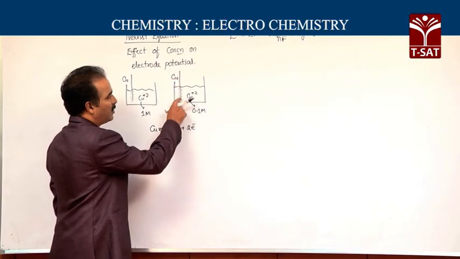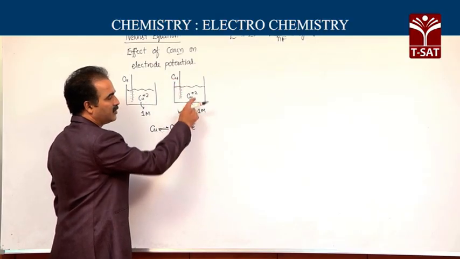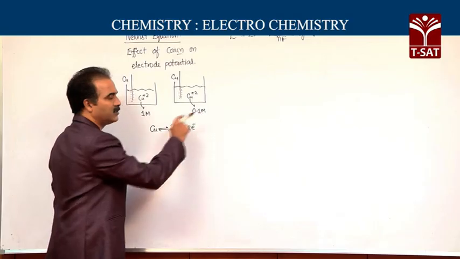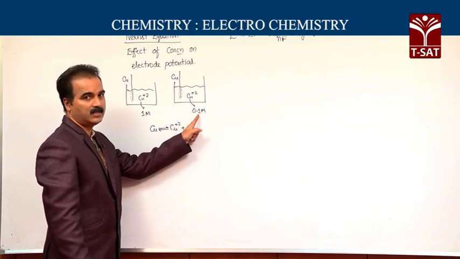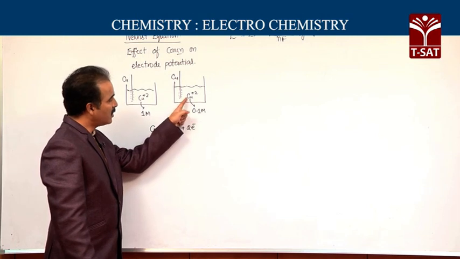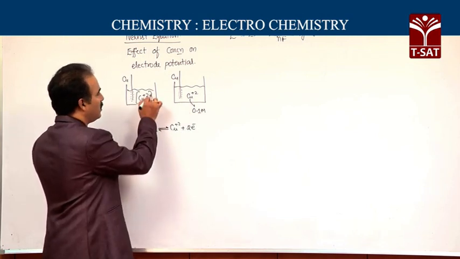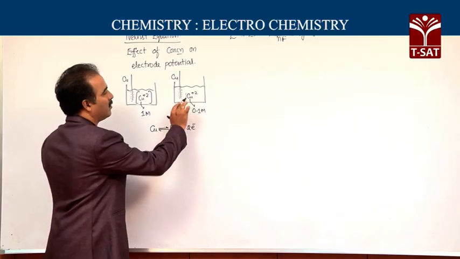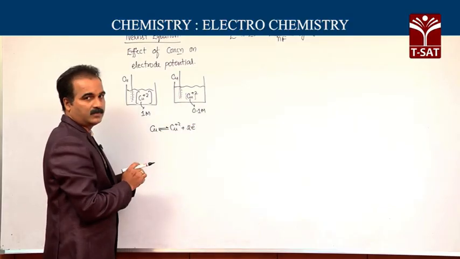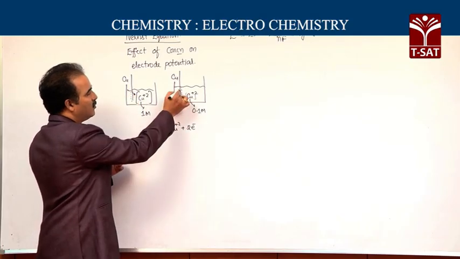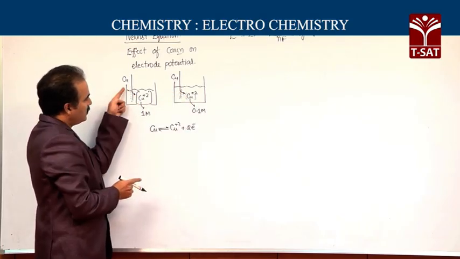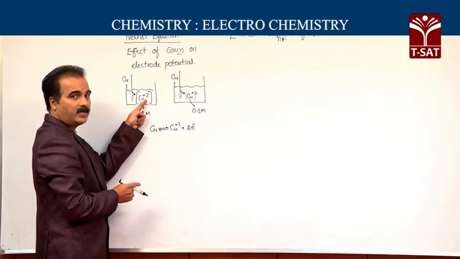Now the same copper rod I kept in copper plus 2 solution whose concentration is 0.1 molar. So the concentration has decreased. In the earlier case there are many copper plus 2 ions and here very few. So you can imagine the scope for copper to go into solution. Is copper easily going into solution in the higher concentration?